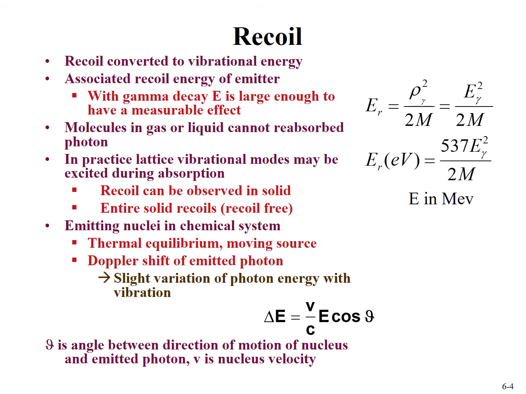Within this, there's a relationship between the energy, the velocity of the nucleus, the speed of light, and the direction of the motion of the nucleus and the emitted photon. So there's ways of characterizing some of these energies. We talked about the recoil having a specific energy, and we can vibrate the system and have a small perturbation on that energy.